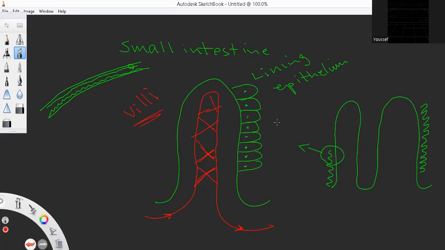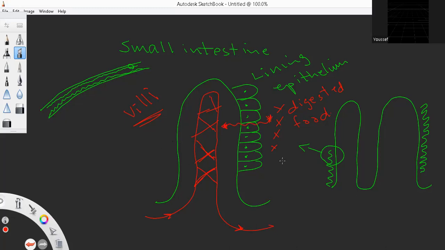Food here, digested food, is diffused from the intestinal lumen to inside the blood.